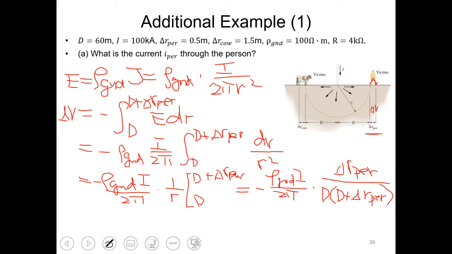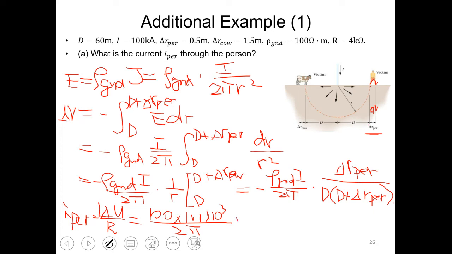Finally, we have I_p equals delta V over R. We substitute all the numbers into this equation. The rho ground is 100, and I is 100 times 10 to the third power, over 2 pi. Maybe we just take the absolute value, since we only consider the magnitude of the current.